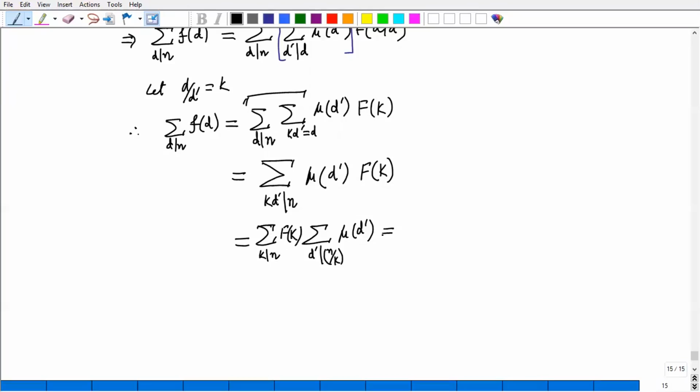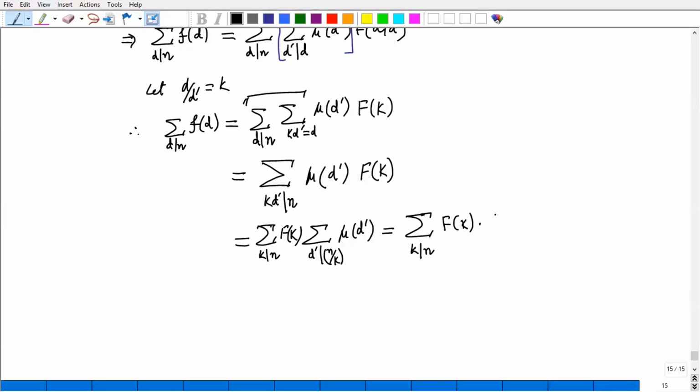Now we know that this value is either 0 or 1. Okay, so this value is either 0 or 1, so we can write the sum over k that runs over the positive divisors of n, f(k).